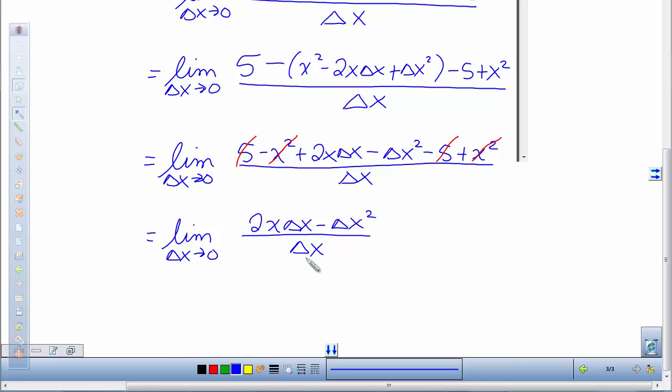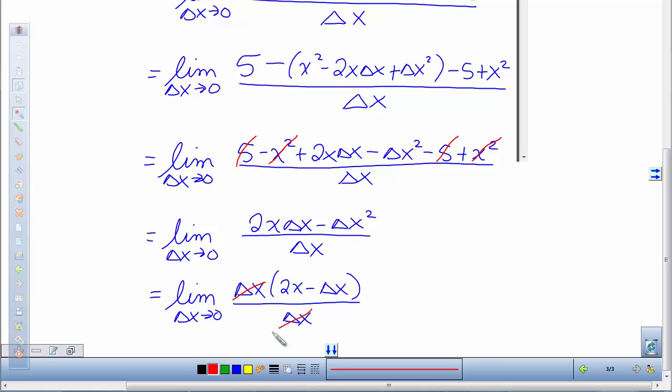Or if I factor delta x out, I've got the limit as delta x approaches 0 of delta x times 2x minus delta x all over delta x.